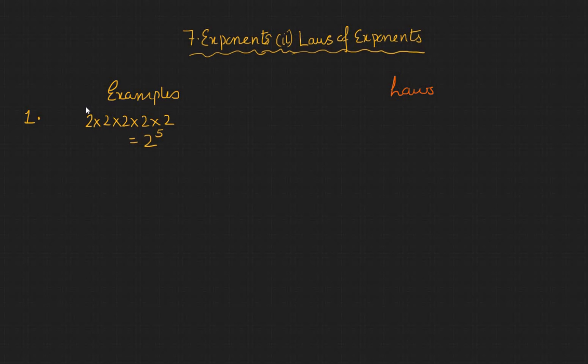So in this we say 2 is our base, and the 5 we call our power or exponent or indices. So there are 3 names for the one on the top. That's how many times you are multiplying.